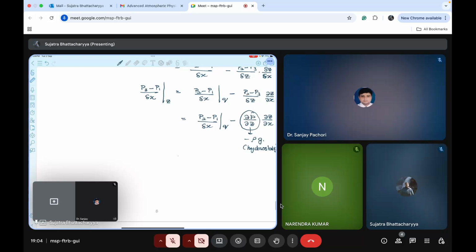So finally, the left hand side is delta P by delta X at constant Z, and the right hand side is delta P by delta X at constant Q minus minus rho g into delta Z by delta X.